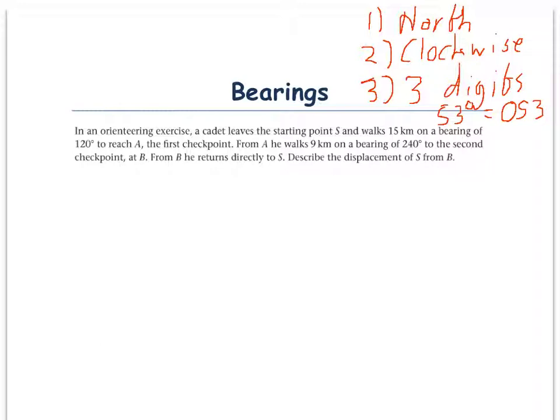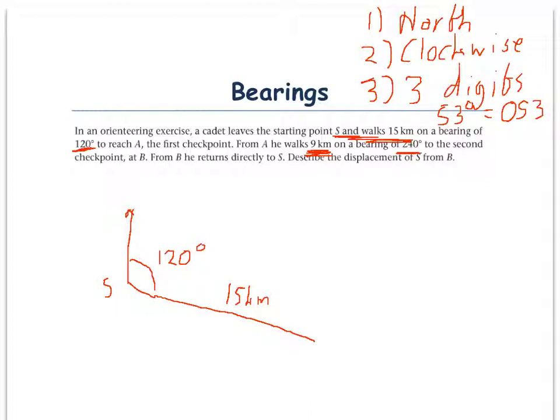Right, so firstly, and most importantly with a bearings question, you need to draw a diagram. So, it says you start at S and walk 15 kilometres on a bearing of 120. So, S, 120 degrees, and it's 15 kilometres he walks. We now go to what happens at A. It says from A he walks 9 kilometres on a bearing of 240 degrees.